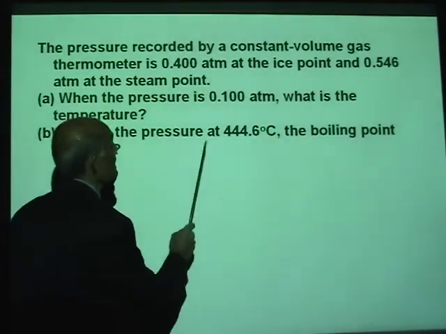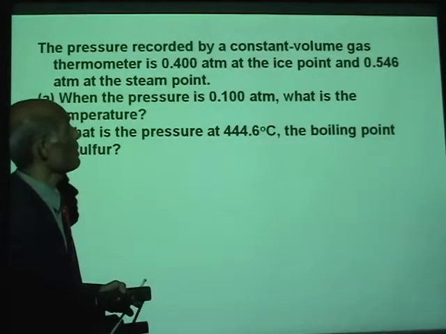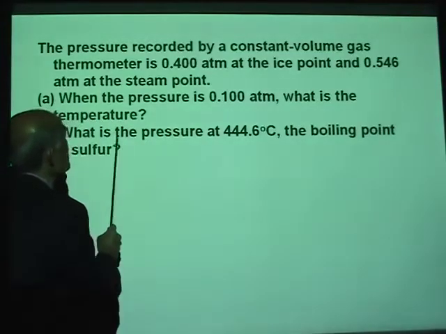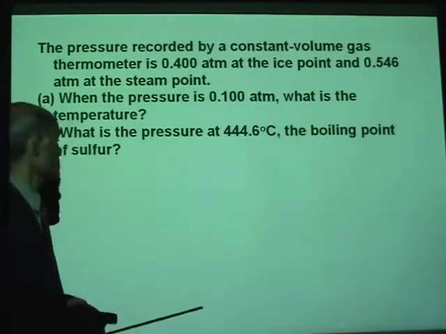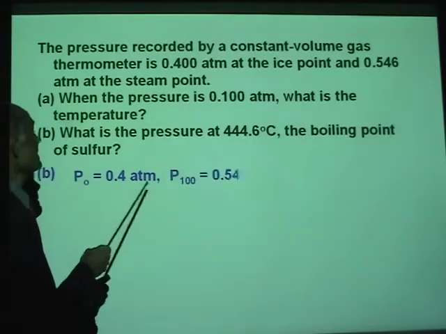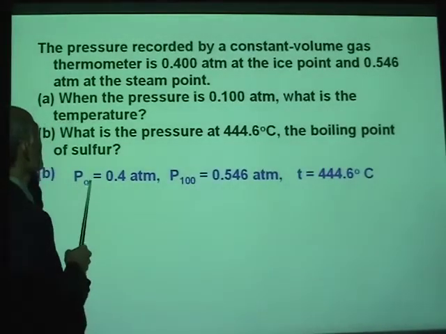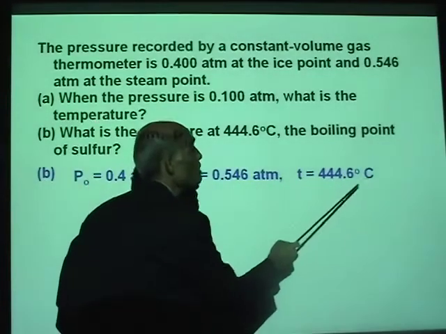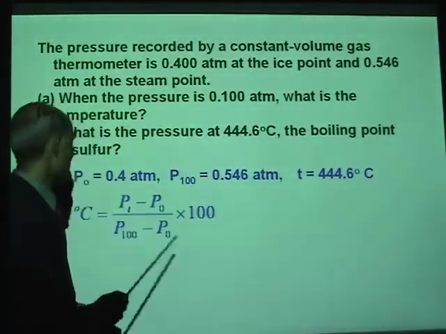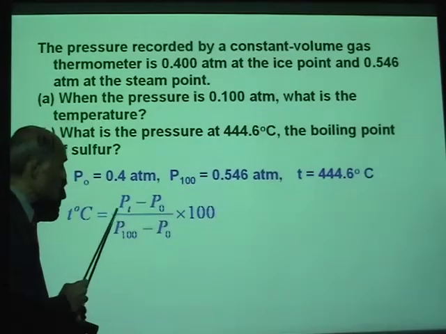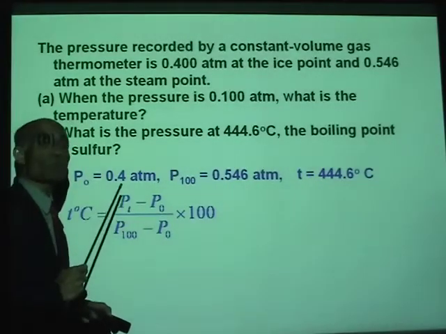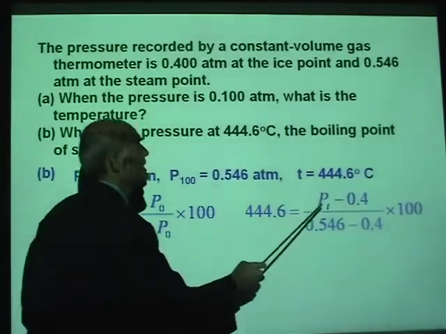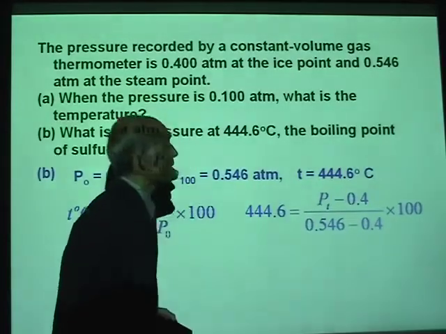Alright, let's do the B part. What is the pressure at 444.6 degrees Celsius? This time you have the temperature, you need to measure the corresponding pressure. Alright, we again go back. We know P0, we know P100, and we know the temperature. We got to find the pressure at that temperature. We need to solve for PT. So we use all the given values and solve for PT.